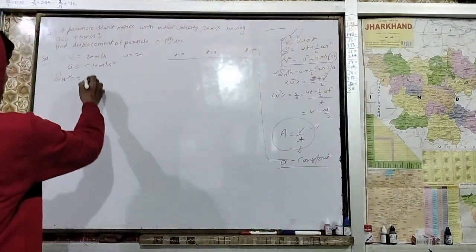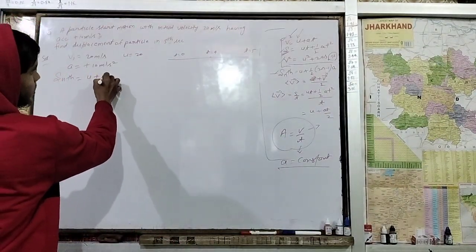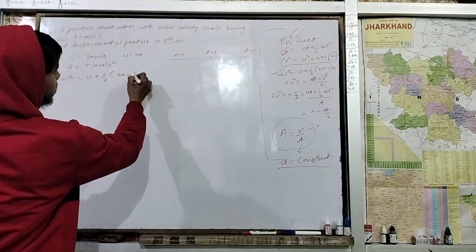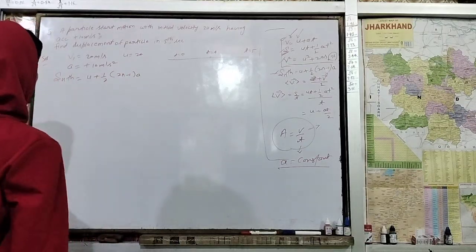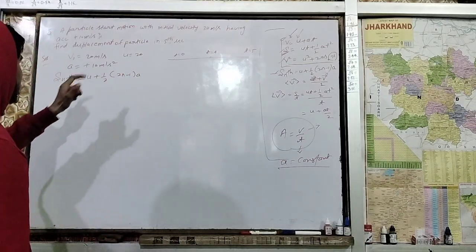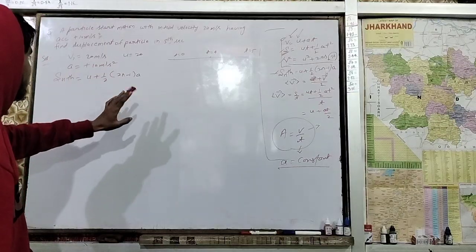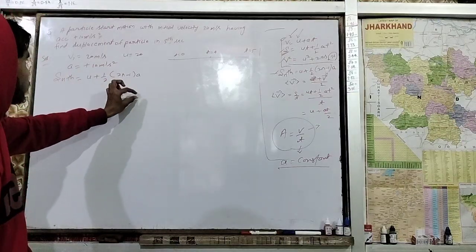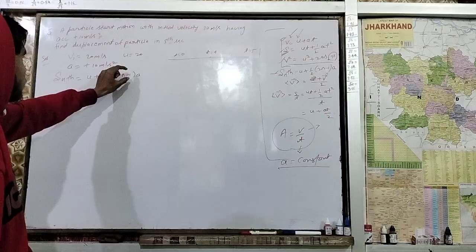Sn is equal to u plus 1 by 2 times 2n minus 1 times a. We have the value of u, which is 20. 1 by 2 is a constant number. n is the fifth one.